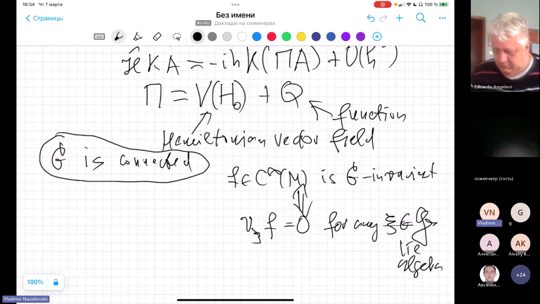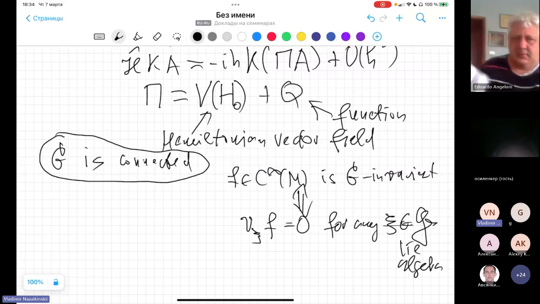If we have the action of the Lie group, then to each element of the Lie algebra, there corresponds a vector field on our manifold.